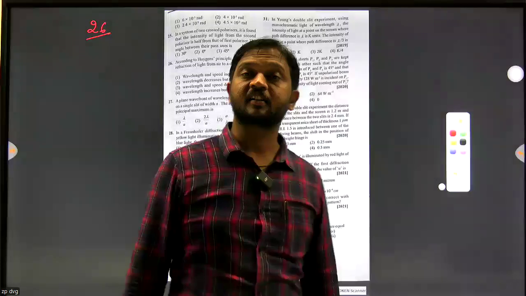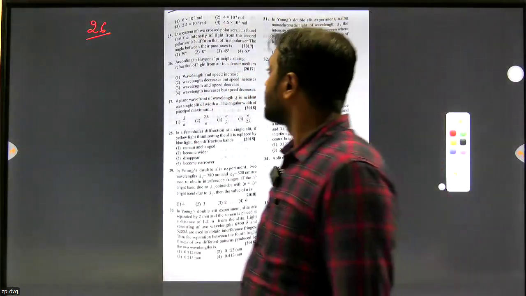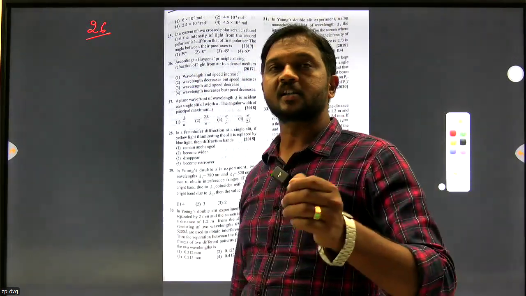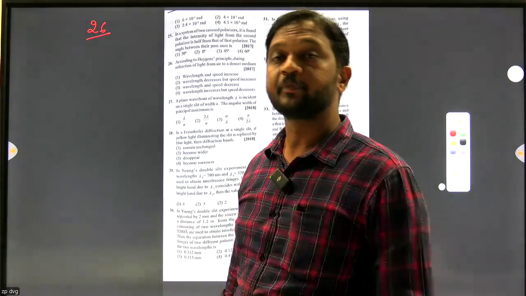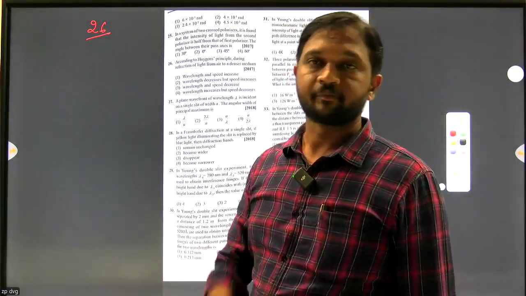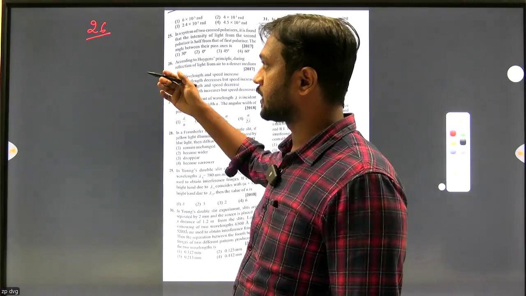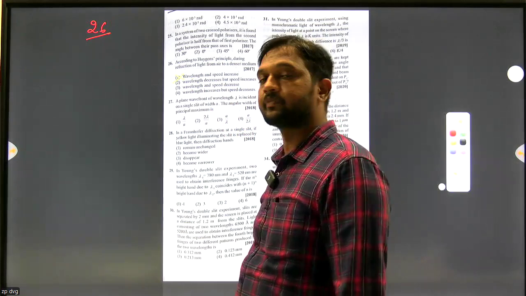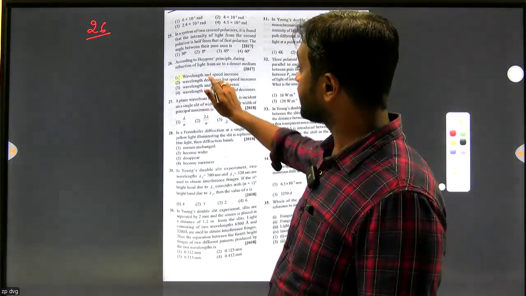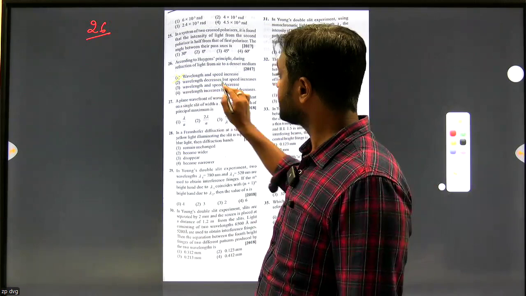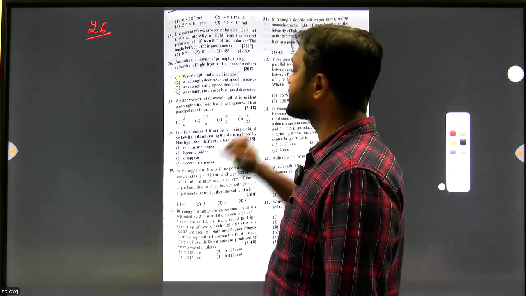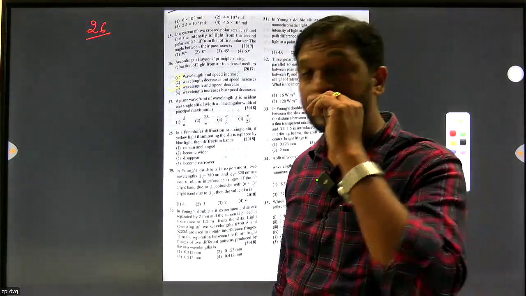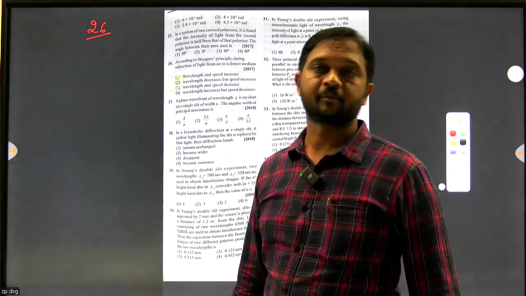In the introduction classes, I clearly told you that when light passes from a rarer medium to a denser medium, its speed decreases. So option 3 is correct: both wavelength and speed decrease.